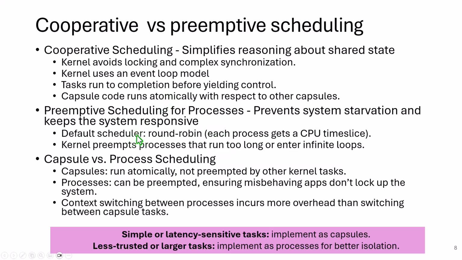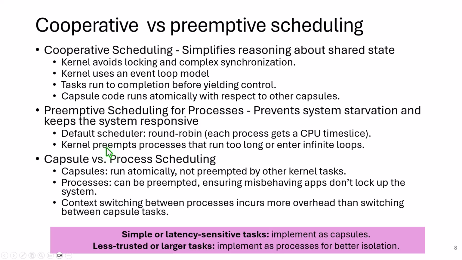And with that, Tock has a round robin scheduler. This just schedules to make sure each process gets its turn with the CPU slice. And the kernel will preempt the process that runs too long or stalls out. The cost is that the kernel is now having to do preemptive calls, and that raises some inefficiencies.